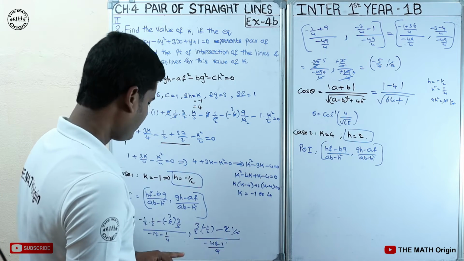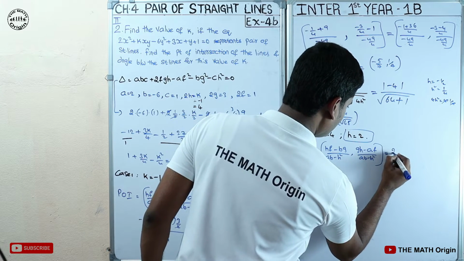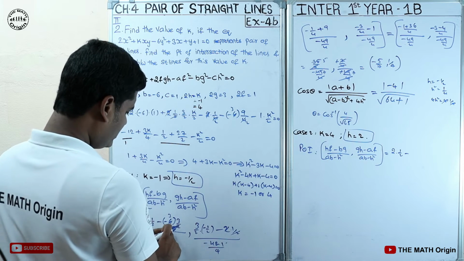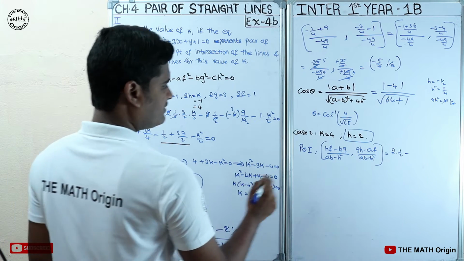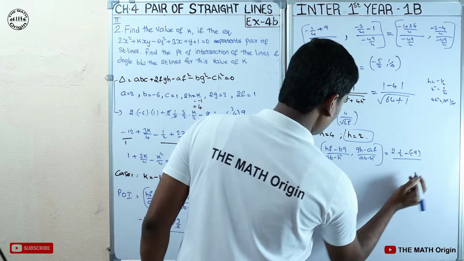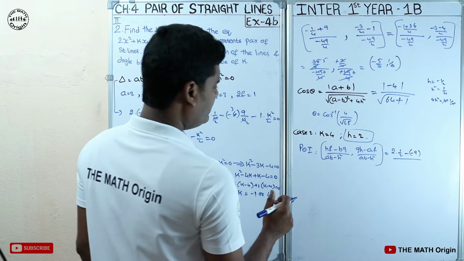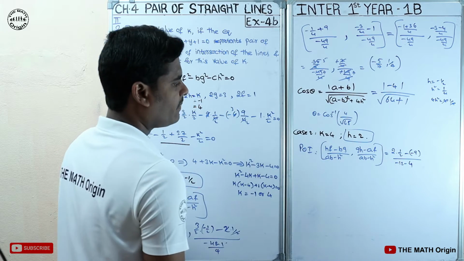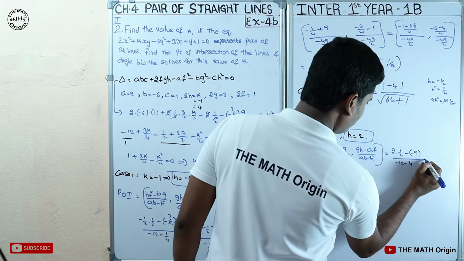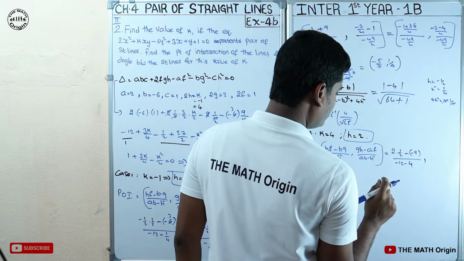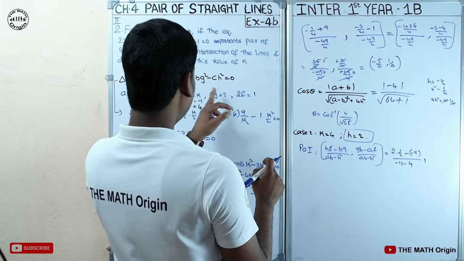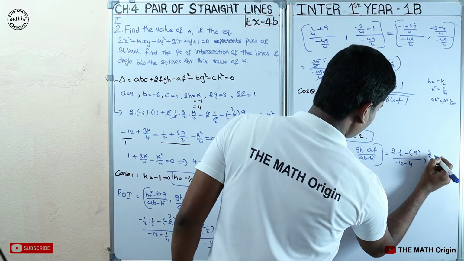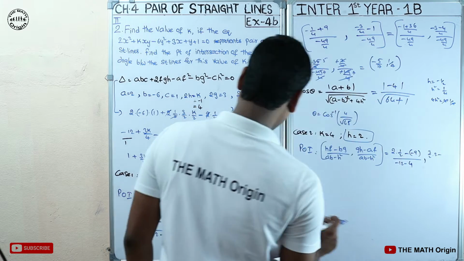So hf minus bg: what is the h value, 2 into f value, 1/2, minus bg value, which we already got as -9, whole divided by ab minus h square. ab is -12 minus h square; h value is 2, so ab minus h square is minus 4, minus 2 square is 4. Then gh minus af: g into h, the g value is 3 by 2, g into h, h value is 2, minus af.